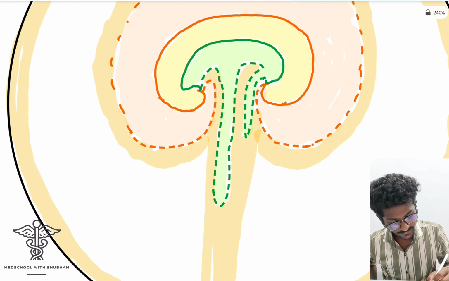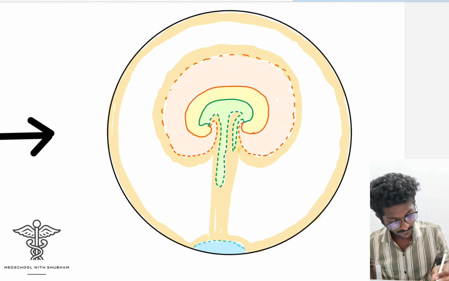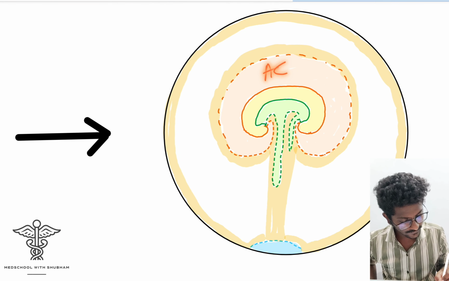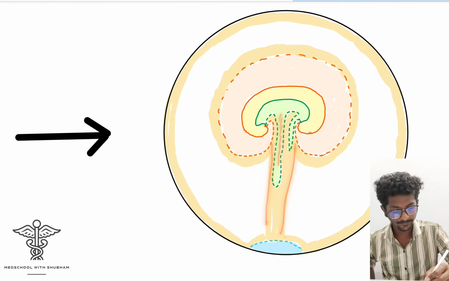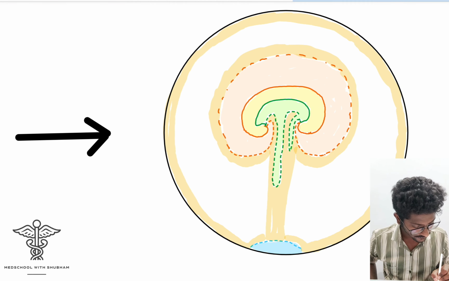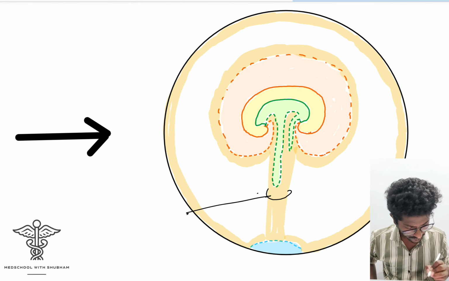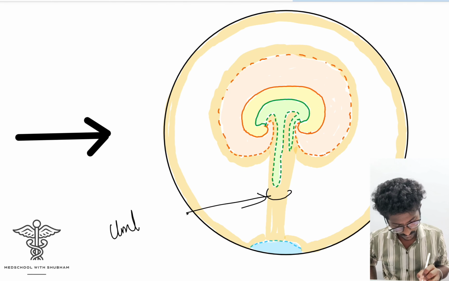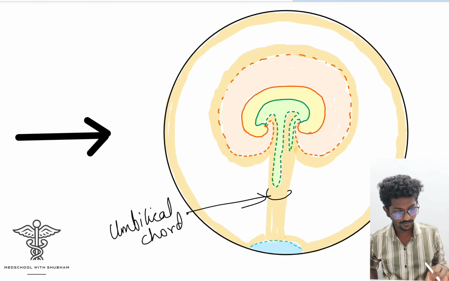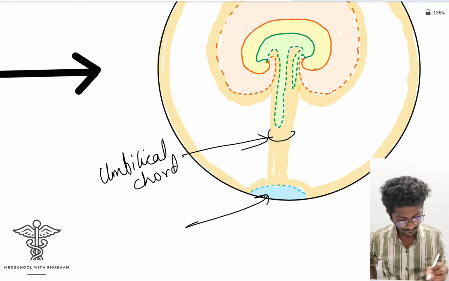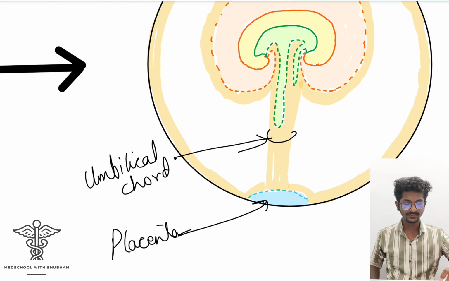Now this is the yolk sac, this is the amniotic cavity, this is the ectoderm, mesoderm and the endoderm, and these are the extensions of the yolk sac inside this umbilical cord. Let's first write this. So this is the umbilical cord, and this is the placenta. I hope it is clear.